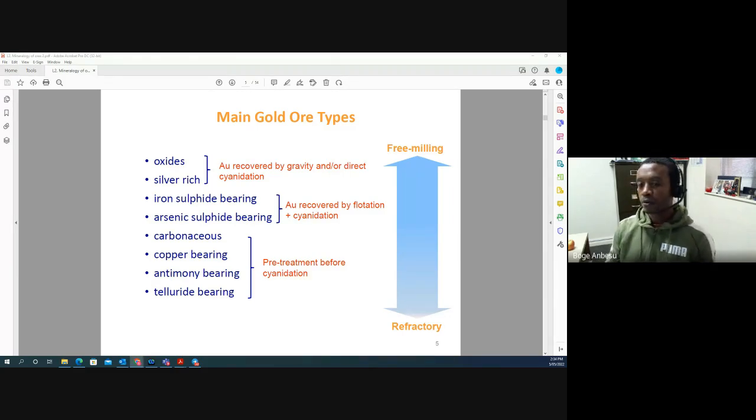But what I was trying to say in this slide is that there are different types of ores, and we can already work out these types of ores for gold and understand the mineralogy and predict the processing challenges associated with each of them.